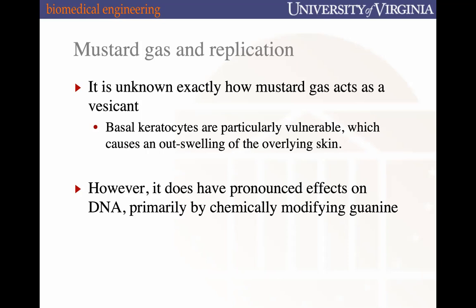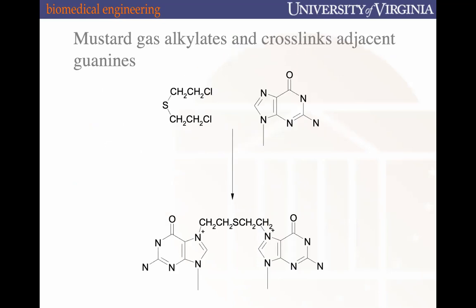But what is incredibly important to know about the effect of mustard gas and its lethality is that it has an incredibly profound effect on our DNA by chemically modifying one of our bases, guanine. What ends up happening is, we described before in the first lecture that in mustard gas, the chloride ion will be removed from the alkyl chains and is very reactive with nitrogens.